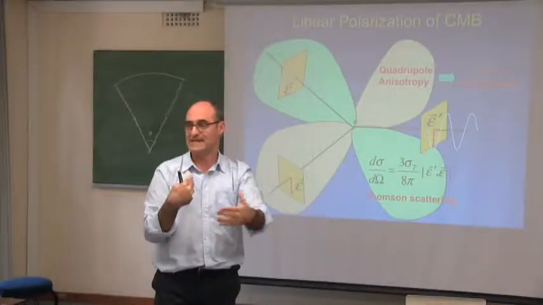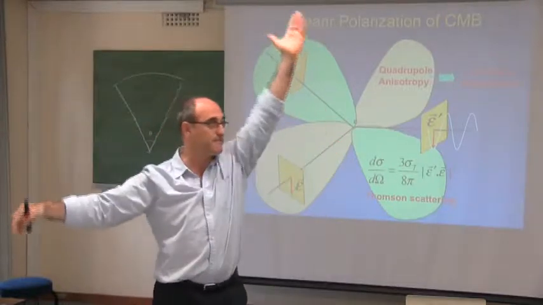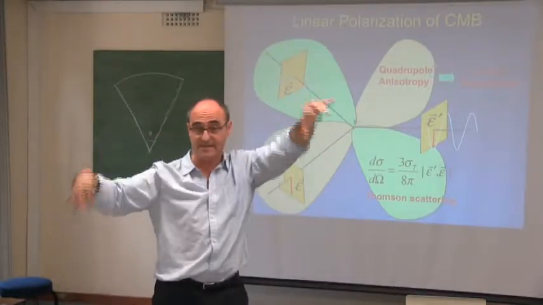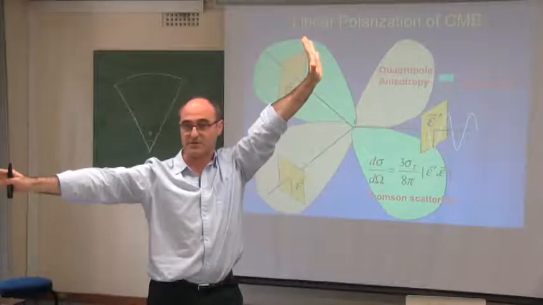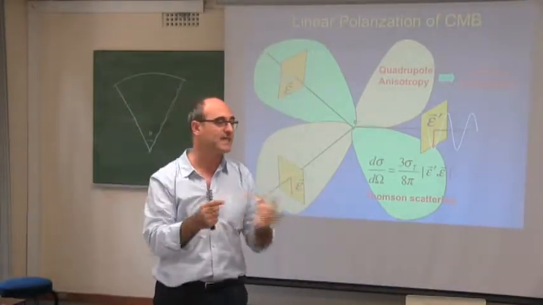There is no polarization. So if you have a quadrupole, if you have slightly more photons coming from this direction than from this direction because of the anisotropies in the distribution of matter in the last scattering surface, then you will have a small linear polarization. Not everything will be cancelled out.